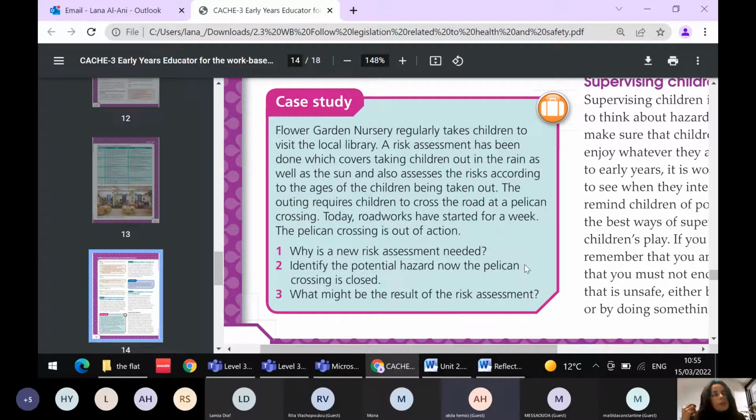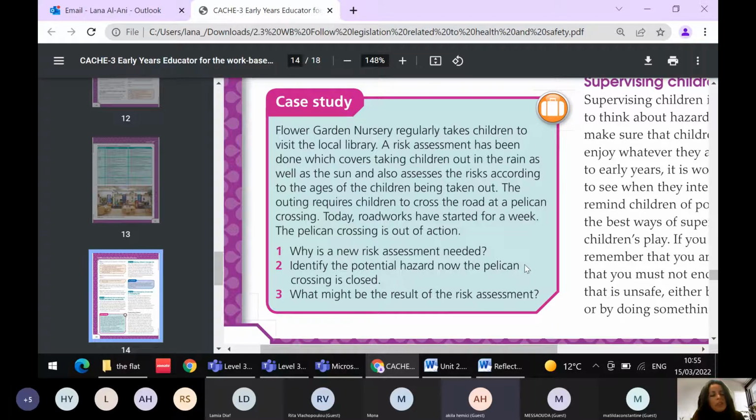And also to monitor whether the risk assessment was effective. If we have done lots of risk assessments, but lots of accidents have happened, that means our risk assessment is not good enough. The procedure, we need to change it. We need to create a new risk assessment.